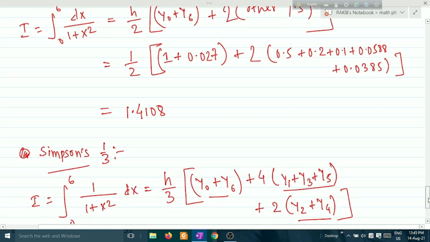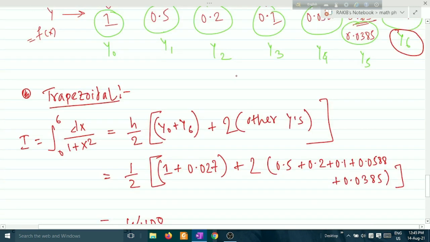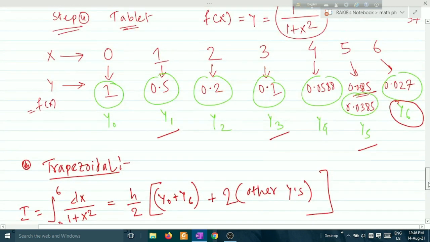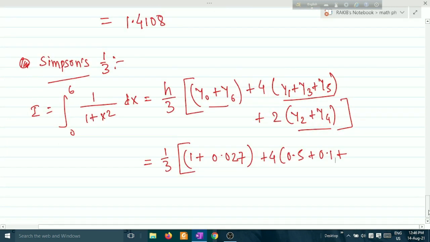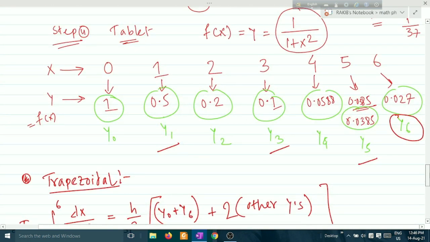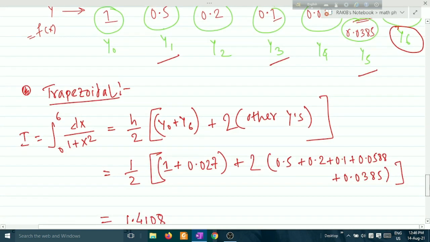Now what we have to plug in is y1 plus y3 plus y5: 0.5 plus 0.1 plus y5, which is 0.0385, and 2 times y2 plus y4. y2 is 0.2 and y4 is 0.0588.